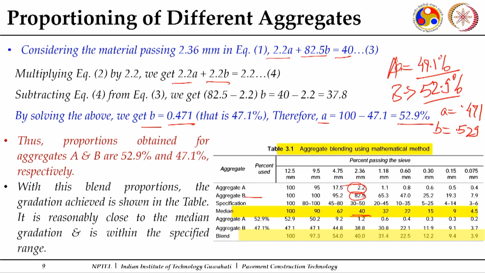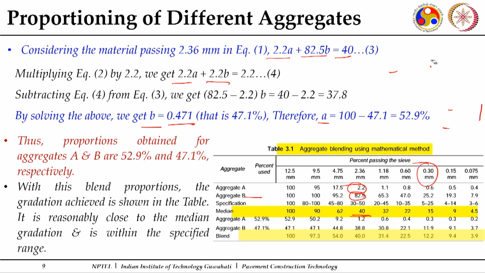Now, with this I will try to see what happens at the other sieve sizes, whether I am able to get the materials within the range. So if I work out for 0.3 mm, what it says here, I am trying to work out the percentage.